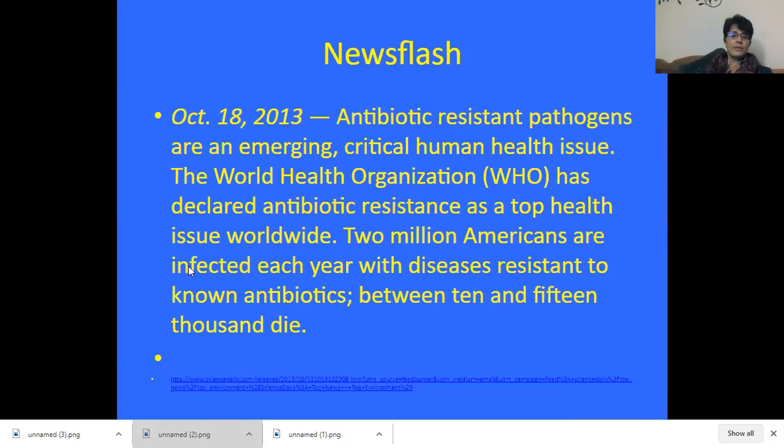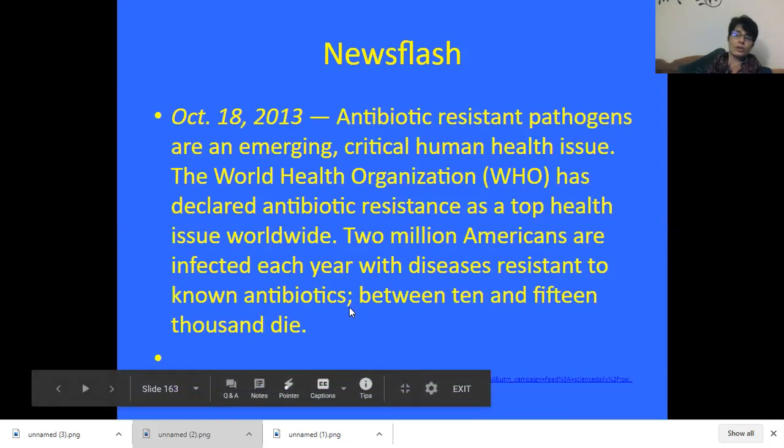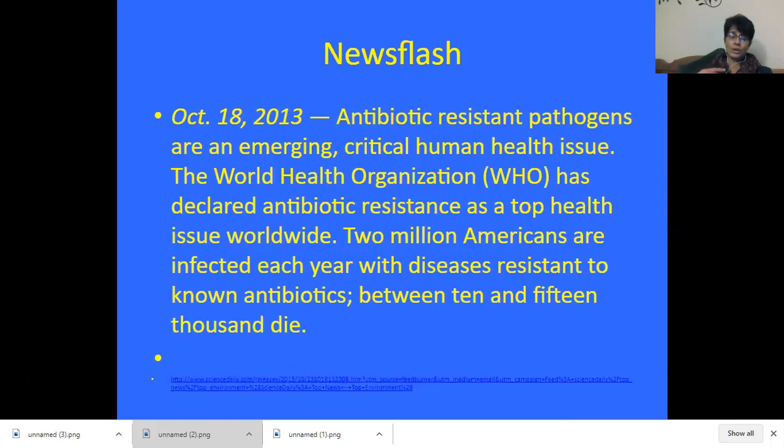So 2 million Americans were infected each year with diseases resistant to known antibiotics. If you take antibiotics too often and you don't finish the course, then you are part of the problem, because you are allowing bacteria to possibly become resistant, because they are able to mutate and produce gene changes to protect them from the antibiotics that we are using.